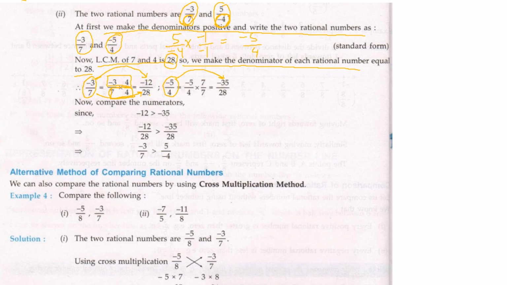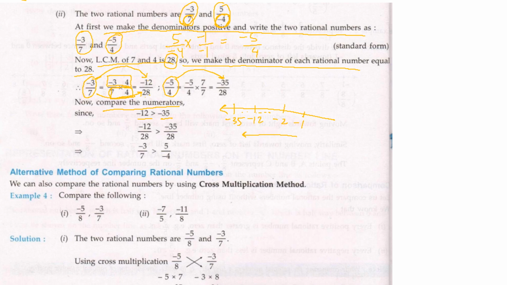Once the denominators are the same, it is very easy to compare. We only compare the numerators, minus 12 and minus 35. When we move to the negative side of the number line, minus 1, minus 2, if it is minus 12 here, then minus 35 will be somewhere further. So when we move to the negative side, the bigger number is actually smaller.